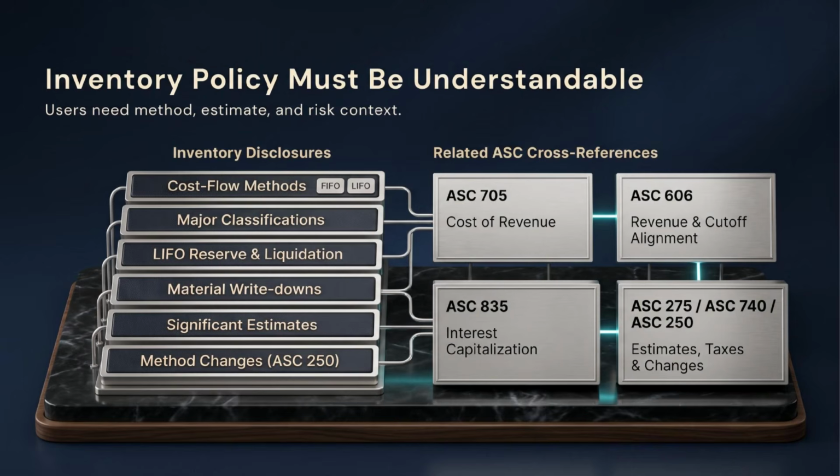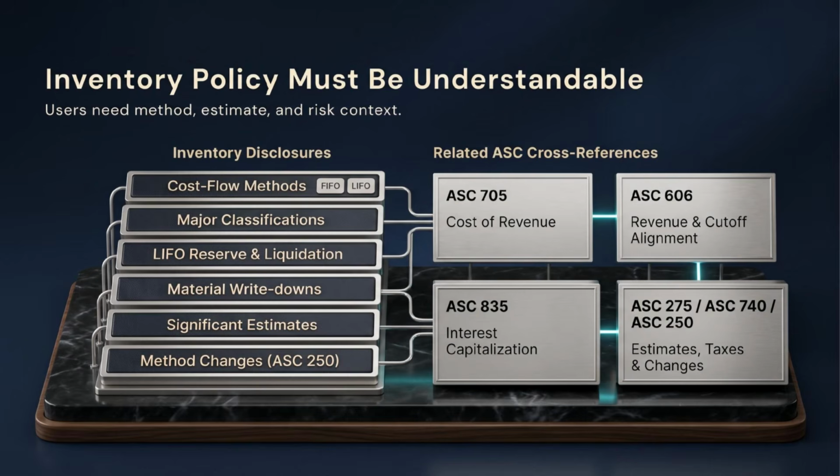They should also describe major inventory classifications such as raw materials, work in process, finished goods, or merchandise. Last in, first out entities need reserve disclosures and material liquidation effects when relevant. Companies should also disclose material write downs, unusual losses, significant estimates, obsolescence reserve policies, and method changes under ASC 250.